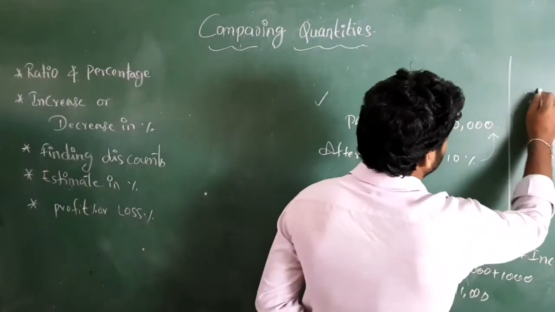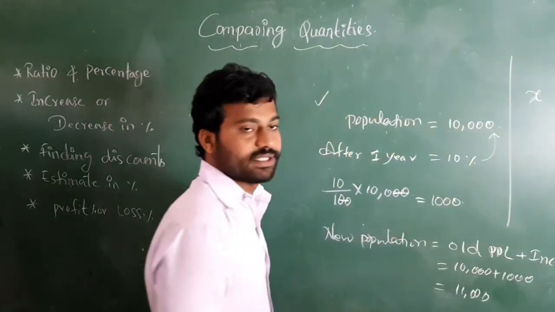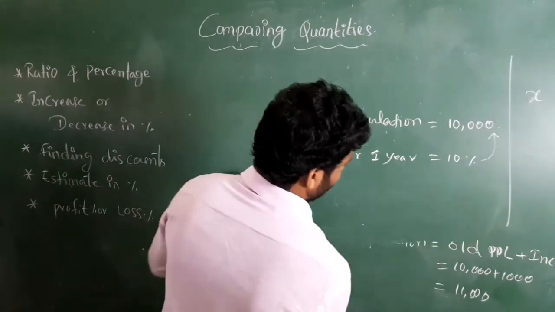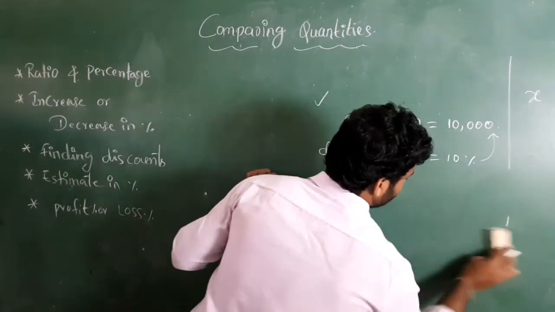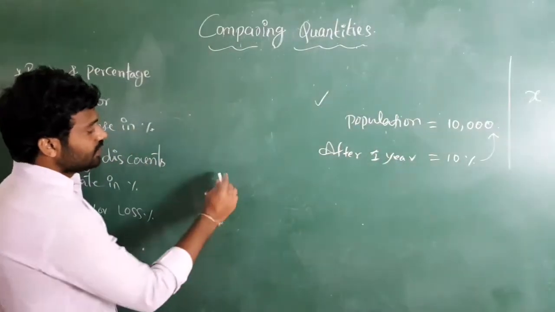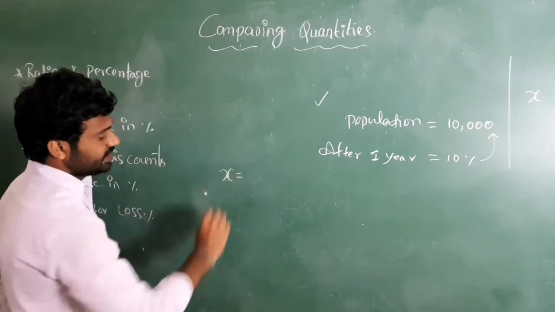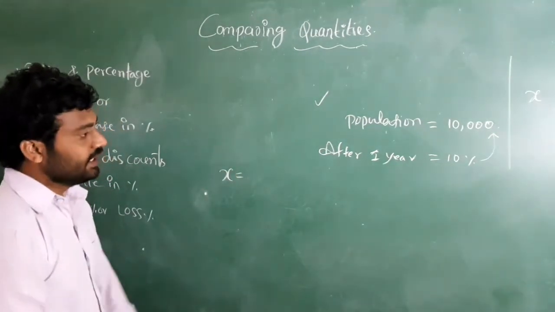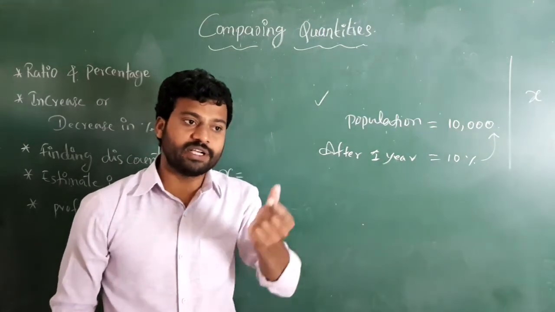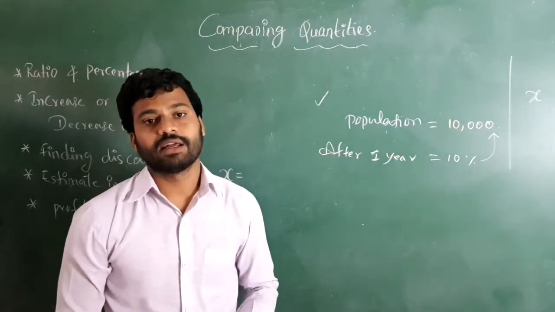Suppose the new population is, just to assume it, x. So I'll write here: suppose the new population is x. See, 10% is increasing means for every 100 people 10 members are increasing. Correct or not?